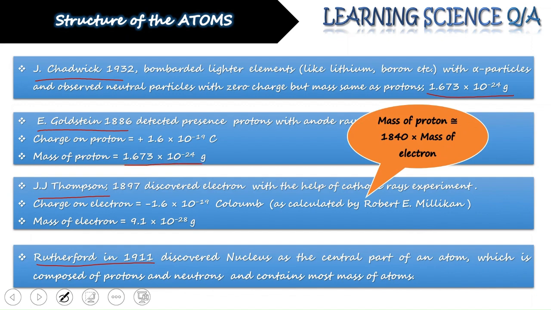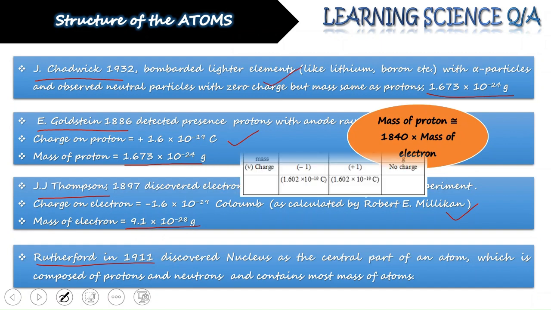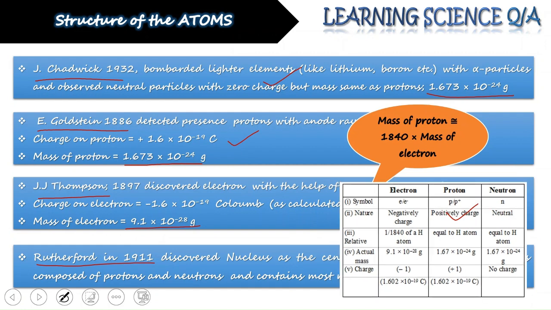Individual mass of proton, electron, and neutron, and the nature of the charge, neutral, positive or negative, present on each individual particle, along with some other details like how they were discovered. You can also go through this table for further detail.